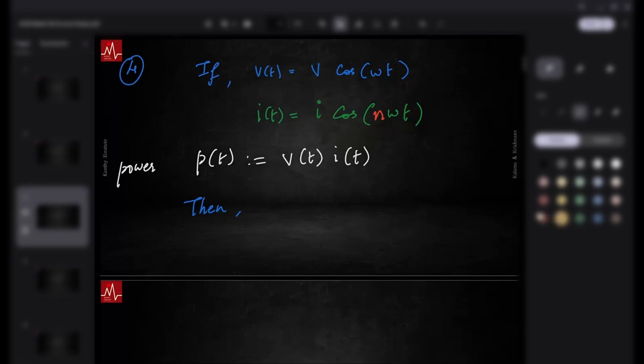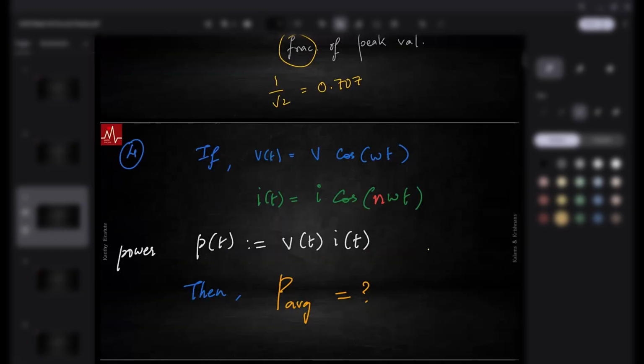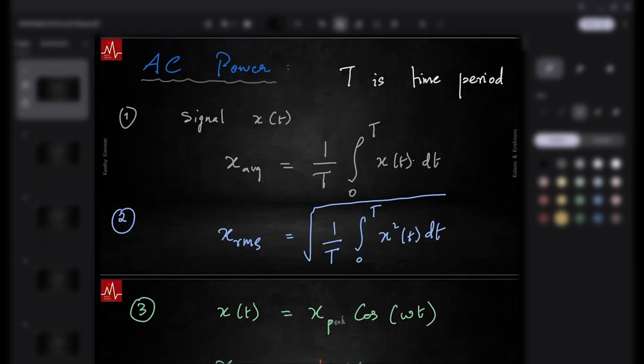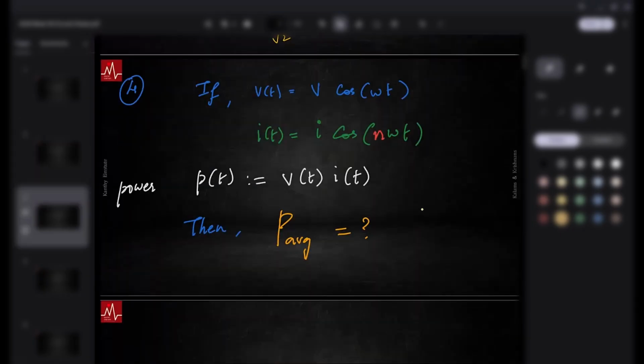What I actually want is, what is average power? Okay, P of t is just the product of those two. Then you can use the cos product to sum formula, but average is integral 0 to T of x of t dt. Or no, what should it be?